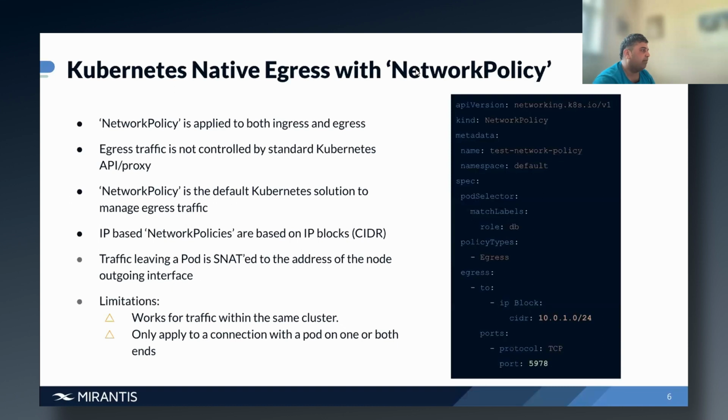So if we look at the example here, we have some Kubernetes YAML, and a network policy that contains a single rule for egress to a backend database. You can see that we have a database, and we're using port 5978. The rule will match traffic on that particular port to any destination in 10.0.1.0/24.